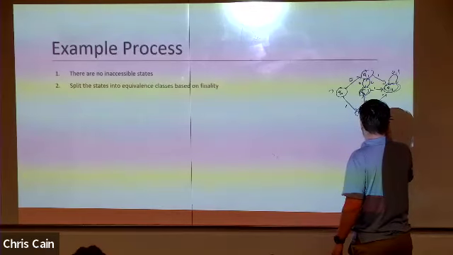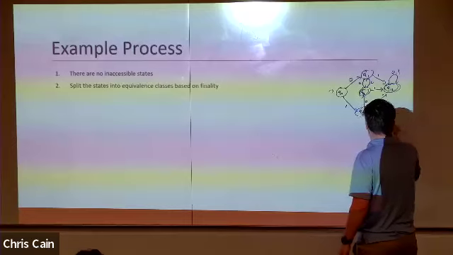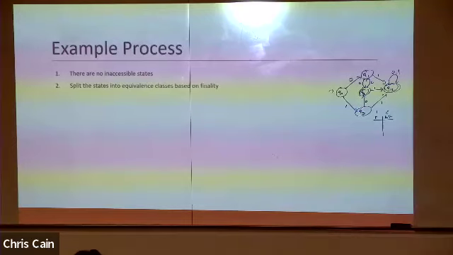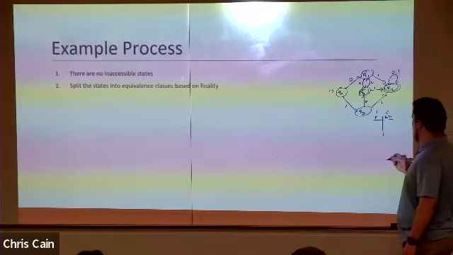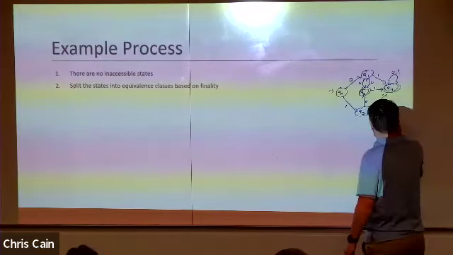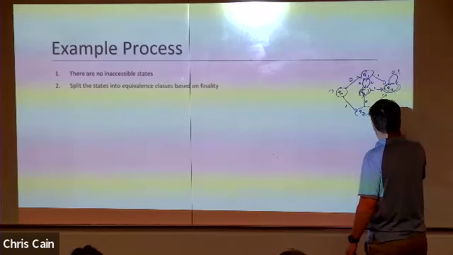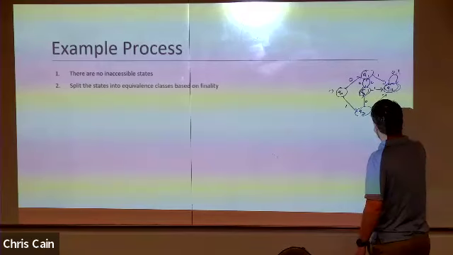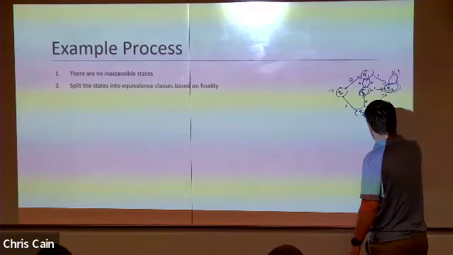So this is going to be group 1 and group 2. We may need some extra groups as we figure out whether they're distinguishable or not. But we know that non-final is Q0, Q1, and Q3, and final is Q2 and Q4.